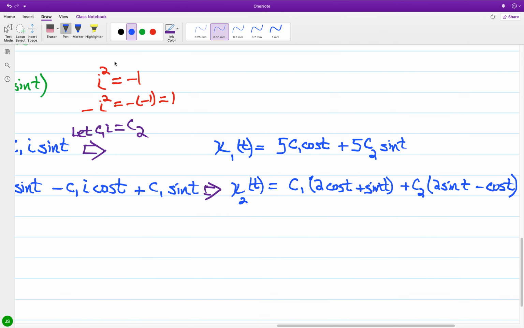Now, we'll admit that this is getting a bit crowded, and it's fortunate that we needed only one eigenvalue and one eigenvector for this formation of the general solution. So again, for x of 1 of t, we have 5c1 cosine of t plus 5c2 times the sine of t.